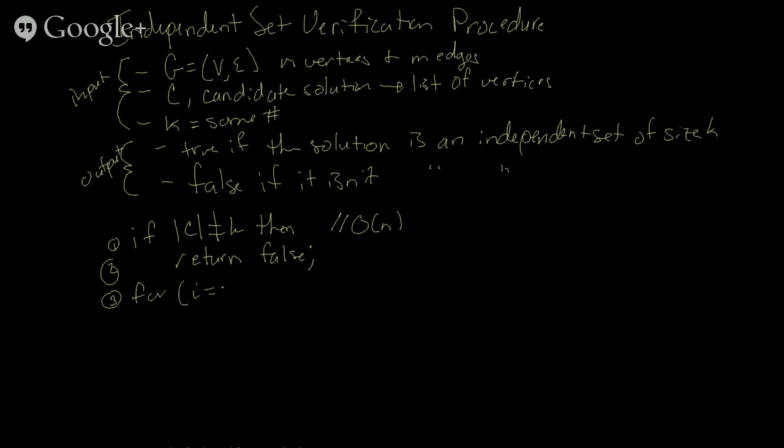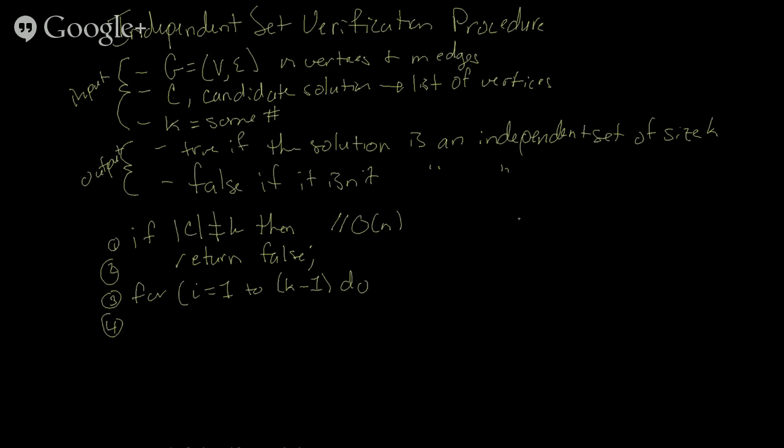I equals 1. Again, this is pseudocode, so you don't have to actually write out the whole code. It doesn't really matter. But we're going to say for I equals 1 to k minus 1, do, and then we need a double loop because we need to check.